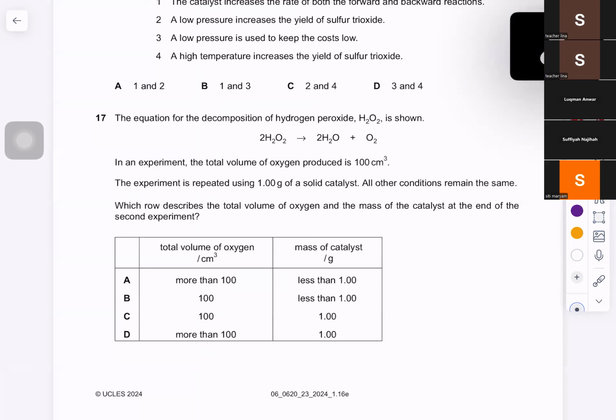Dia tanya ni? Ada ke? Dia belum sampai lagi. Okay, tak apa. Teacher proceed.